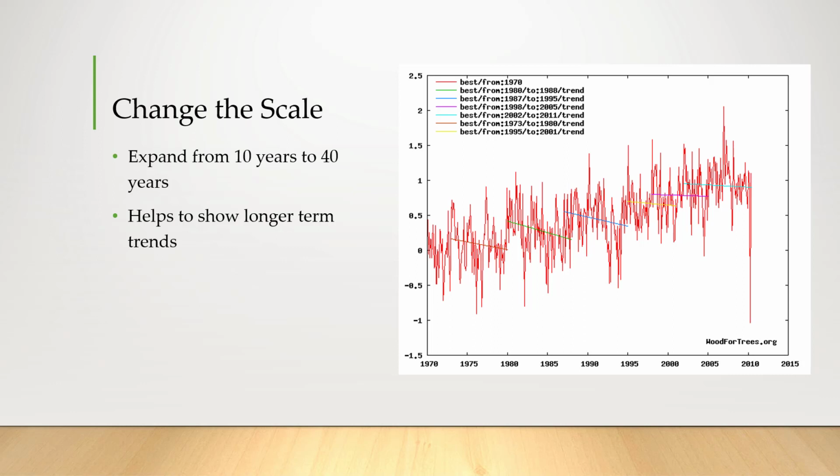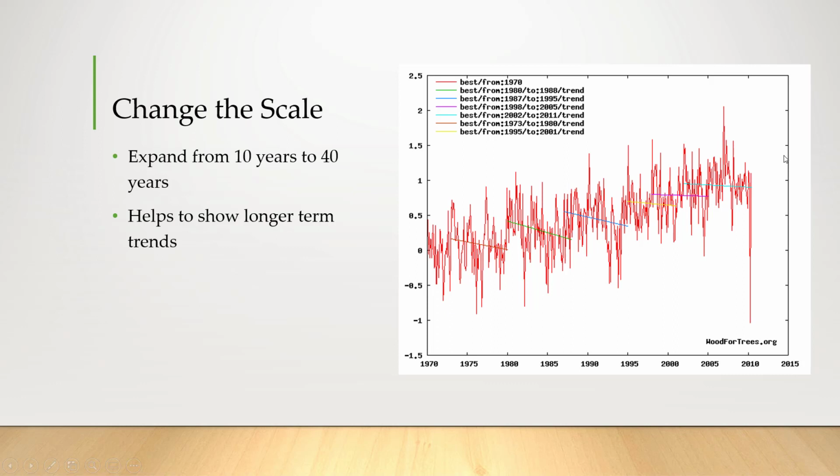So they've now expanded this scale from 1970 to 2010. So expand the scale from 10 to 40 years. And now that you look at it, you can see that there is a general increase over the 40 years in these temperatures.